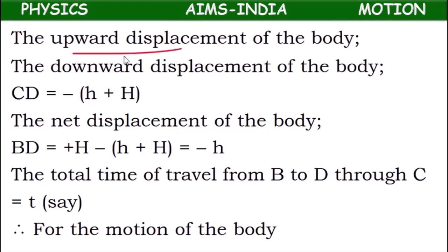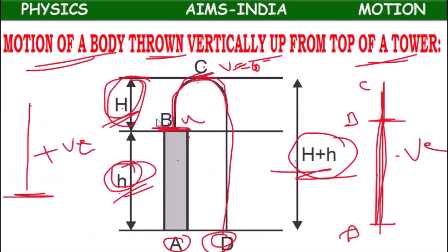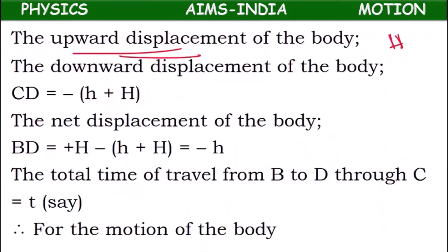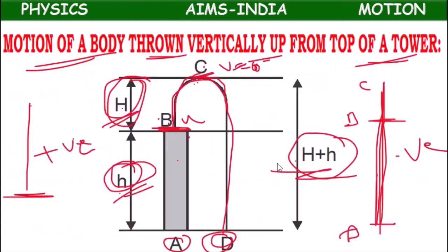So the upward displacement of the body is capital H, because from here it went to C. The downward displacement total is capital H plus small h, and downward is negative, so minus of H plus h.